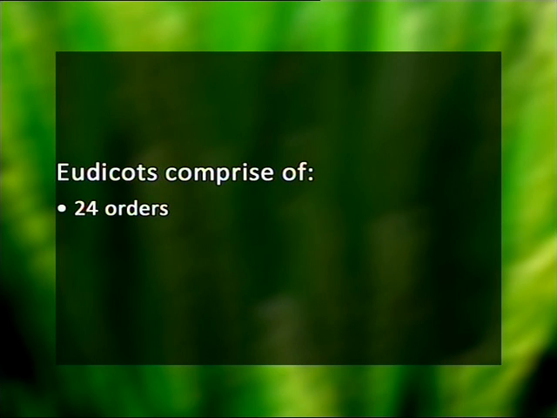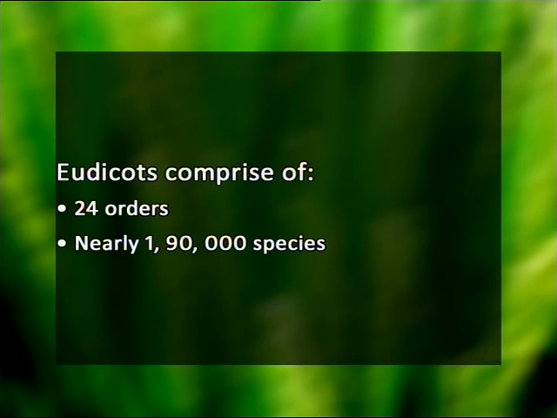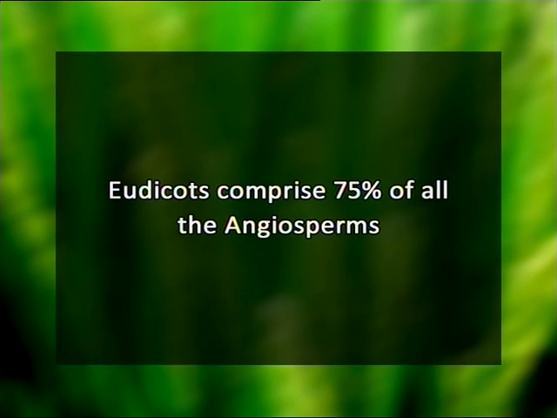The eudicots is a large group. It comprises about 24 orders. At present, eudicots comprise nearly 1,90,000 species. This comes to about 75% of all the angiosperms represented by the eudicots.